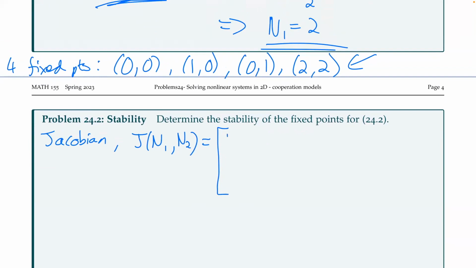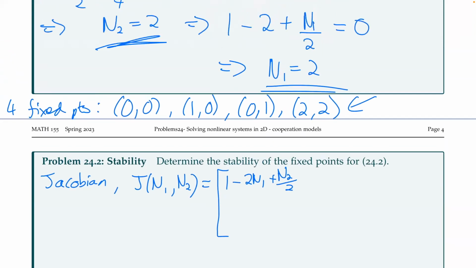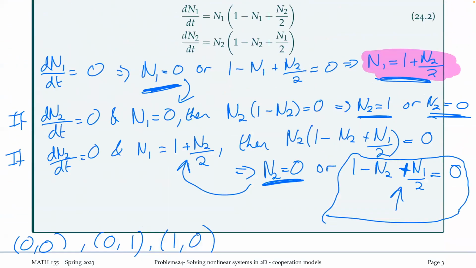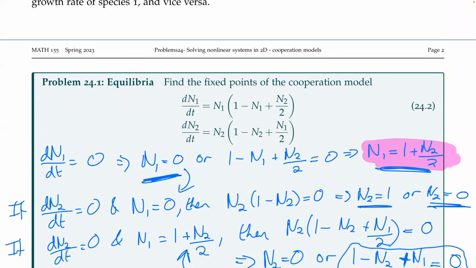So for dn1/dt, if we take the partial with respect to n1, we get 1 minus 2n1 plus n2 over 2. If you're not comfortable with taking the derivative when it's in this form, just expand the brackets out.